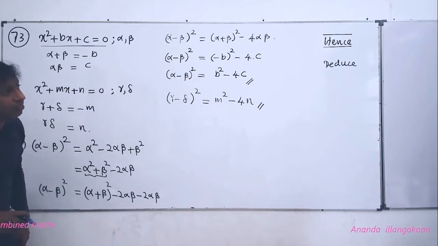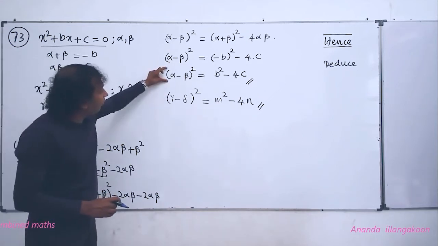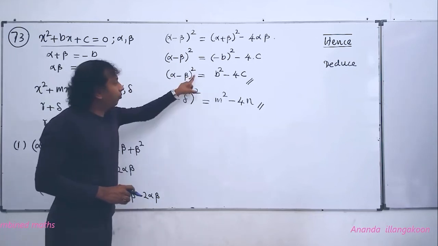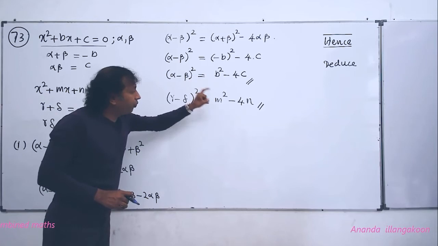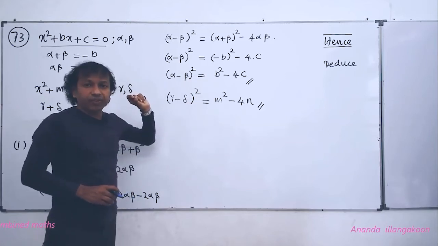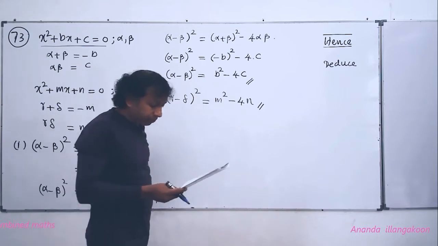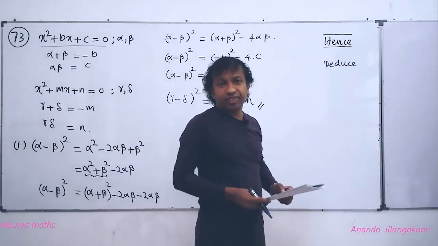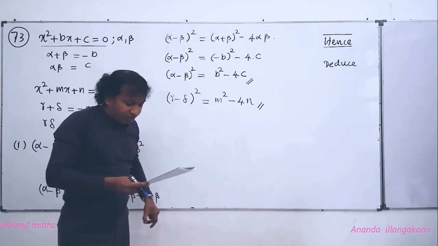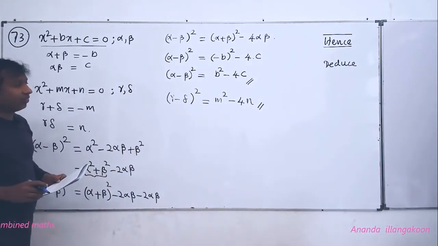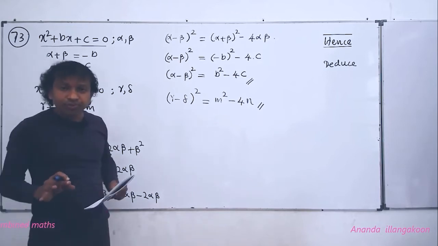Now the hence part, a very similar result we need to write, so we could use this. By observing this, we could write this. That is the hence. Now the deduce part: deduce that if alpha plus gamma equals beta plus delta, then this answer. Deduce means proof.